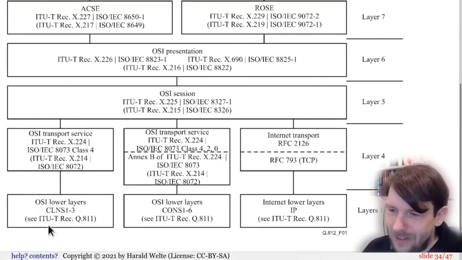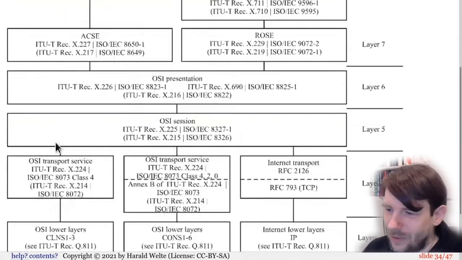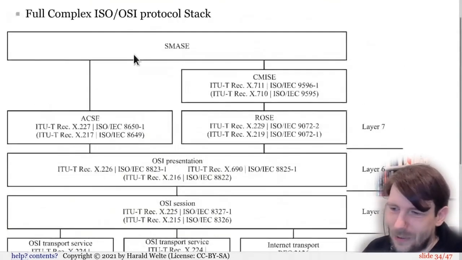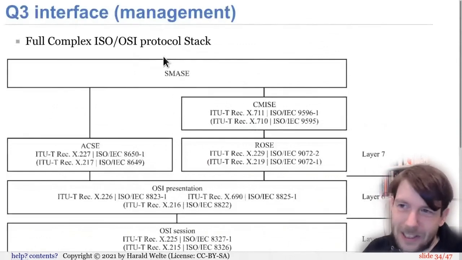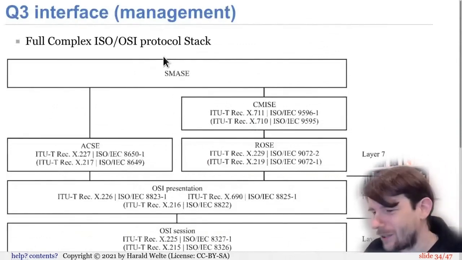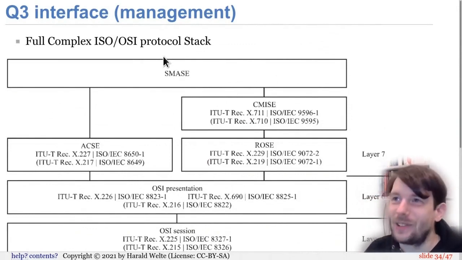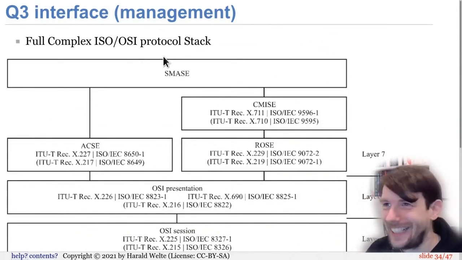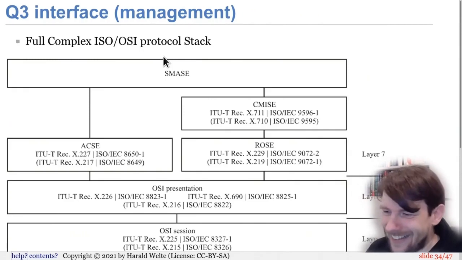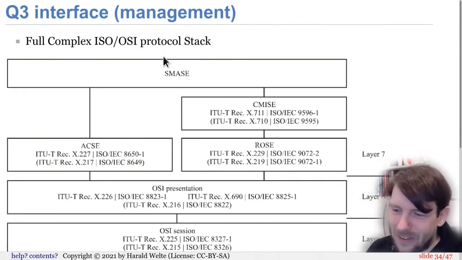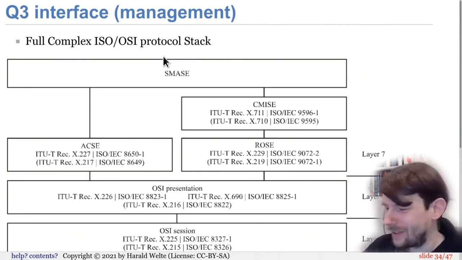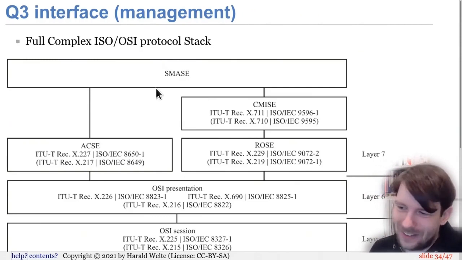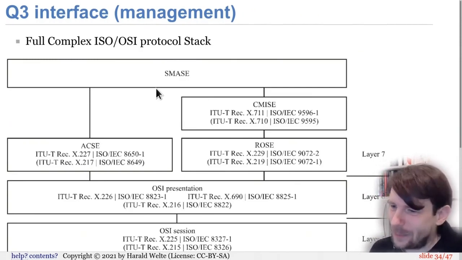And then we have this entire stack of ISO-OSI protocols to manage the managed elements in this device. I didn't really look at it in detail. Maybe at some point when I'm retired, I might find time to look into this. But I think for now, the more realistic approach is to focus on the V5 side, implementing that and just using the management tools of the vendors to configure the devices because it's just a lot of complexity.